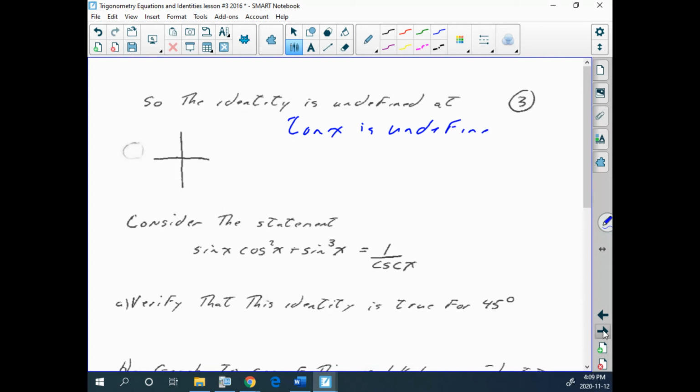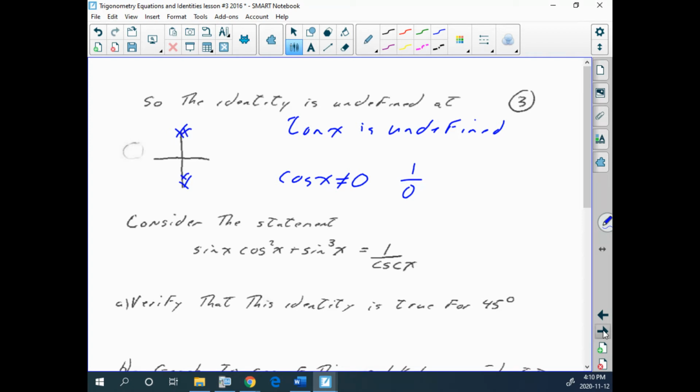Tangent is undefined here and here at pi over 2, 3 pi over 2, and all the multiples of it. We have cosine x cannot equal 0 because 1 over 0 is undefined. So cosine x cannot equal 0. Cosine x is 0 here and here.